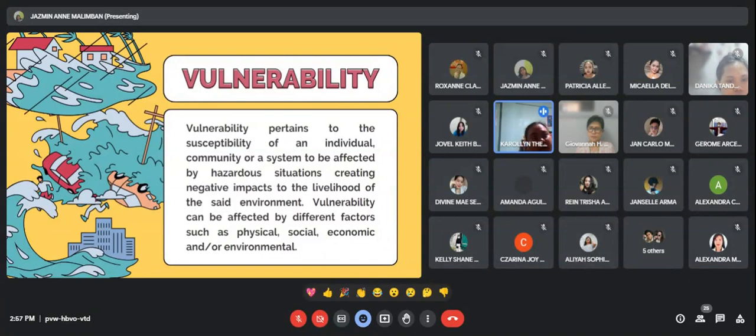This vulnerability din po is madedetermine din po natin, let's say given a situation na prone po yung isang community.